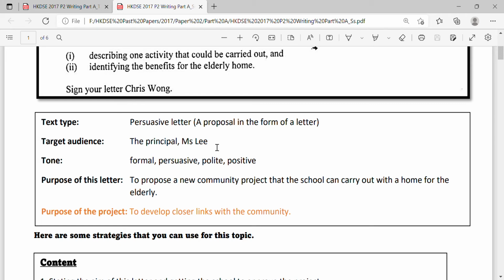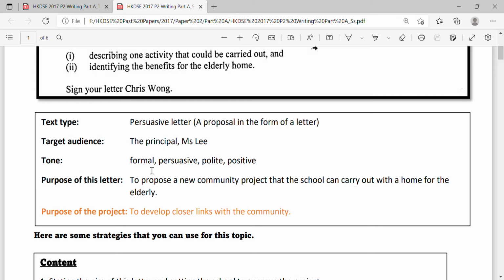So everything you're saying has to be positive, most likely, because you're trying to make the marker enjoy your writing, isn't it? So you're not going to write something really dark. You're going to write something that shows positivity and things that are logical, make sense.